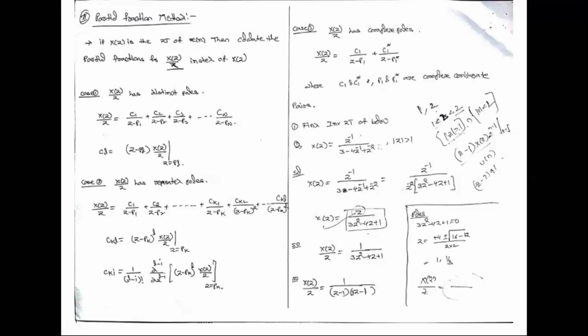In terms of the standard equation, writing the inverse Z transformation is the easy way. First of all, there are 3 ways you can find. The given function having distinct poles, you can follow this one. In the given function, if you have repeated poles, you can follow this.